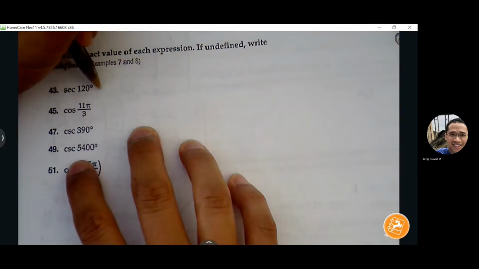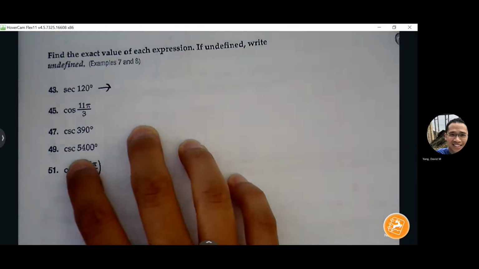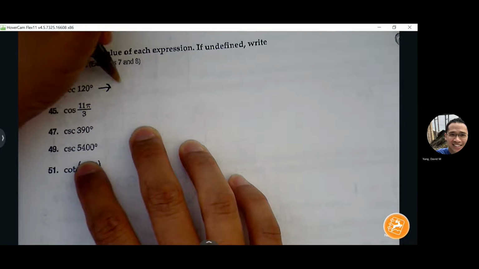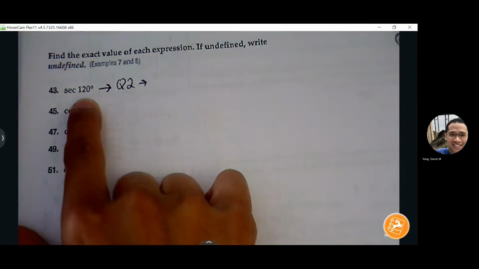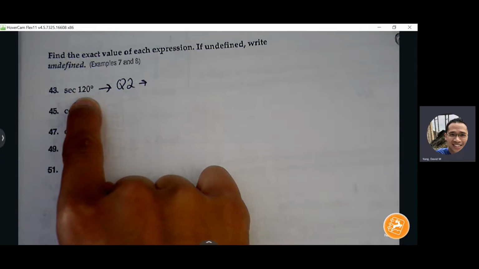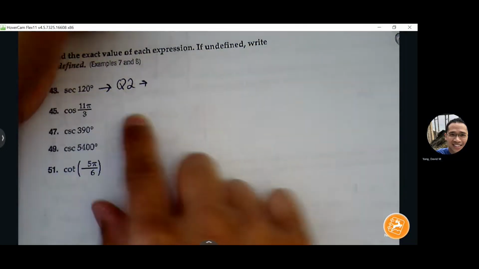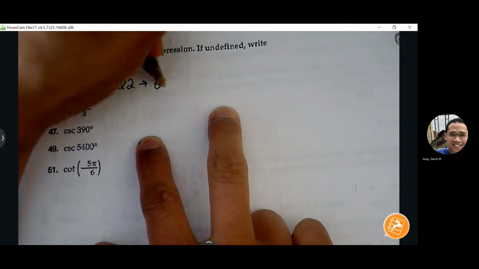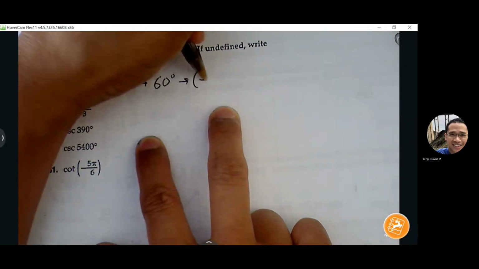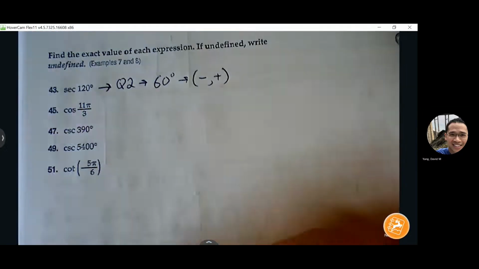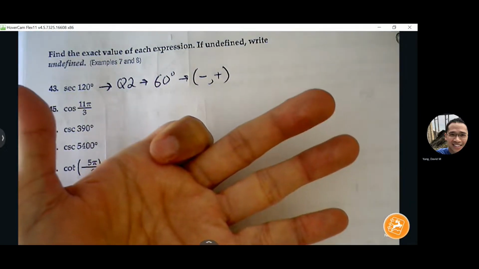Okay. 20. Reference angle, closest x-axis is 180 degrees.